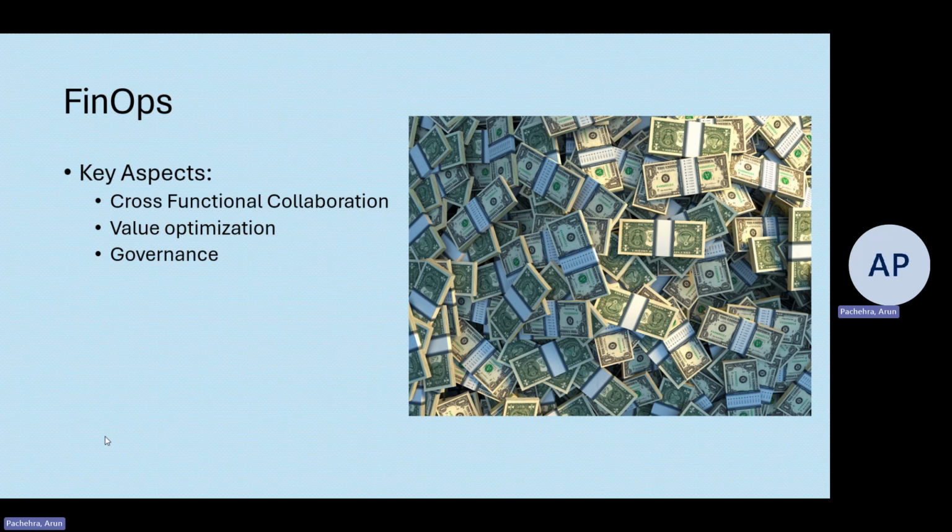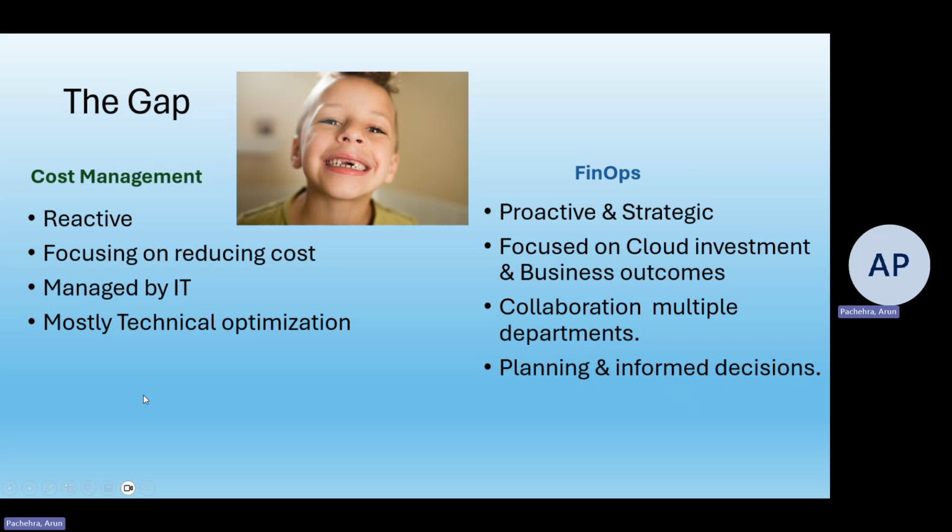All right, so now we have a little refresher about these two concepts, and let's find the gap. These cost management and FinOps points are almost related to each other, and that makes all the difference, or all the sense, of what these two concepts are.